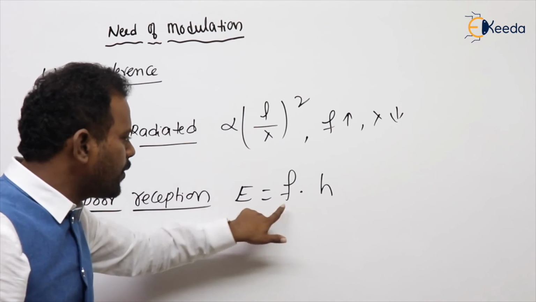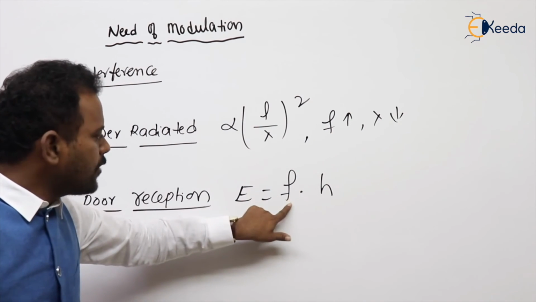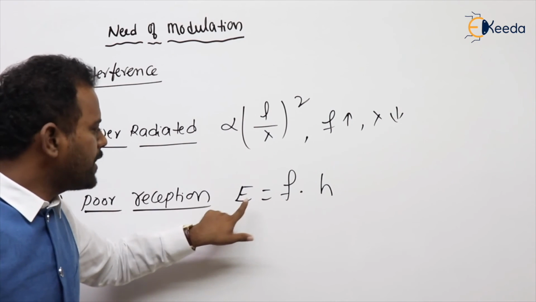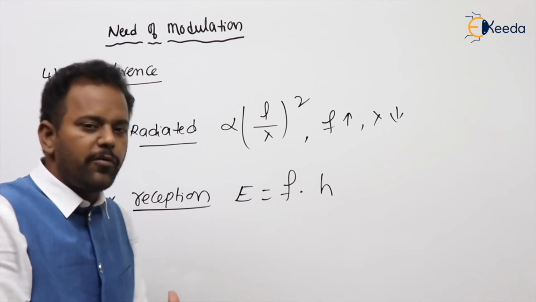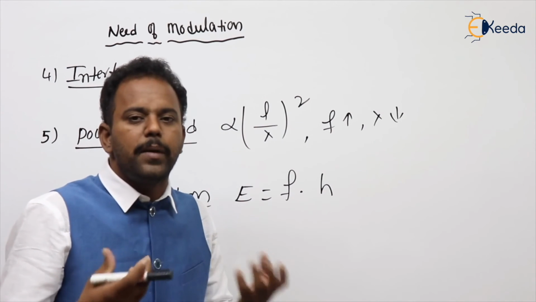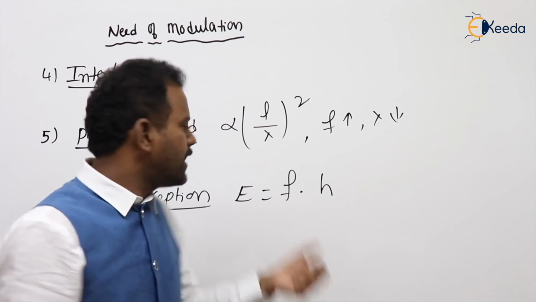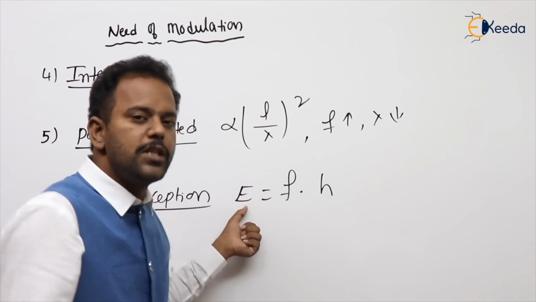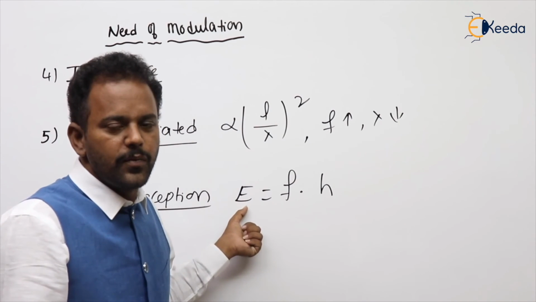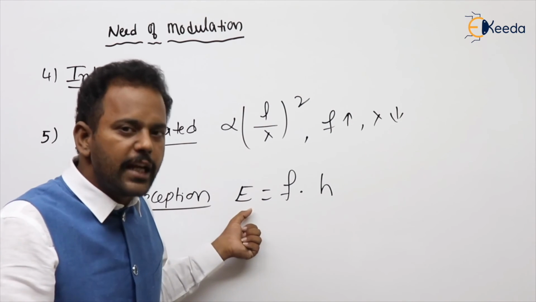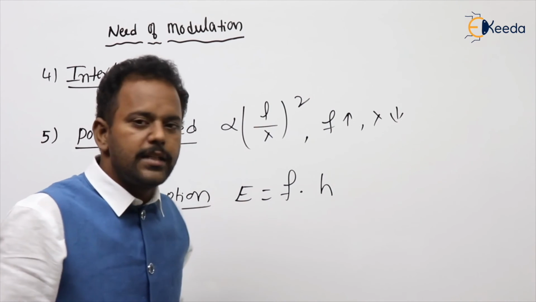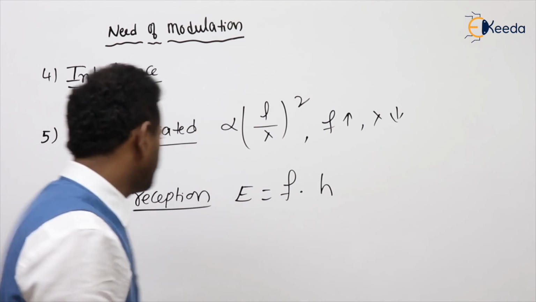If the signal frequency is more, then obviously energy reception will be more. Why? Because the signal is traveling from longer distances, it becomes a weak signal. Still, if f is low, then energy reception is still low. Are you getting my point? So by doing modulation, frequency will increase, then obviously energy reception will be good.